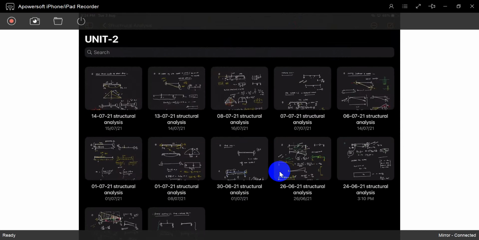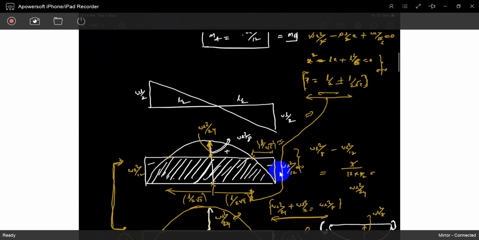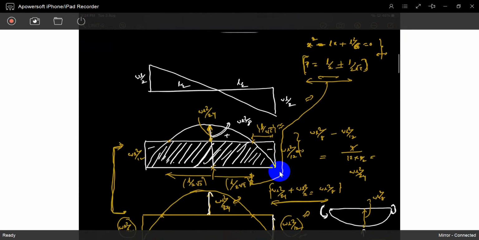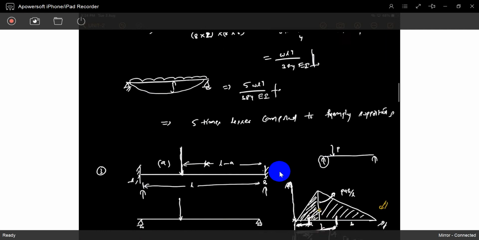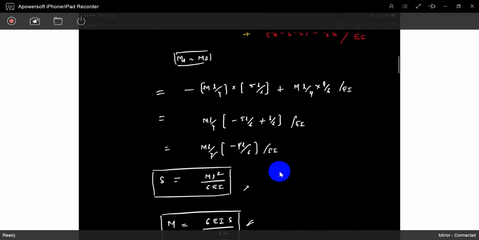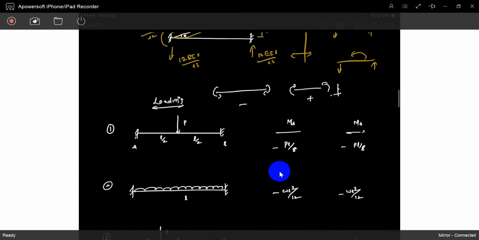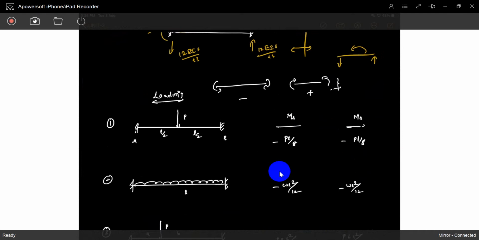So, for fixed ends, we take A and B as fixed, and the moment we get is WL square by 12, WL square by 12. Based on the loading condition, if A and B are both fixed supports, there is no deflection and no slope at all.